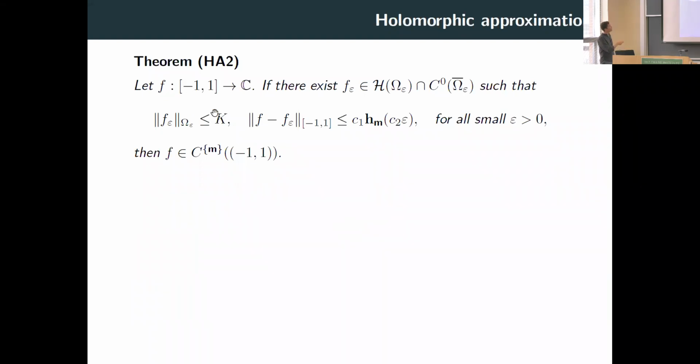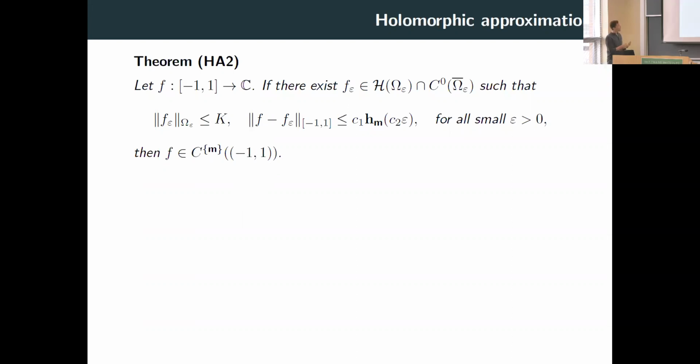Suppose we have any function defined on the unit interval with values in C. If there exists a holomorphic approximation as specified before, so we have these ellipses, we have a uniform bound on the ellipse, we have uniform approximation of f on the unit interval in this way, then I state that f has to be an element of the corresponding Denjoy-Carleman class in the open interval -1, 1. So I lose a little bit, but that's not important for me.